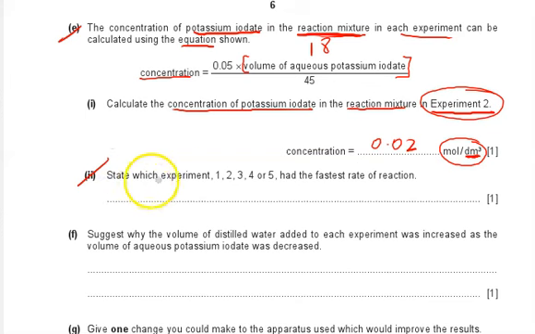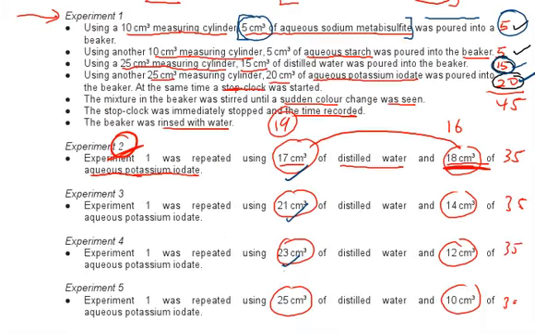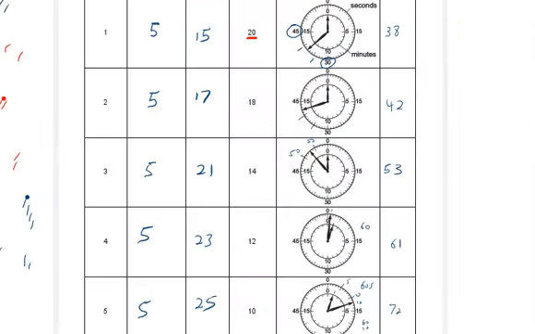Now state which experiment, 1, 2, 3, 4 or 5, had the fastest rate of reaction. We need to look at the time taken as well.